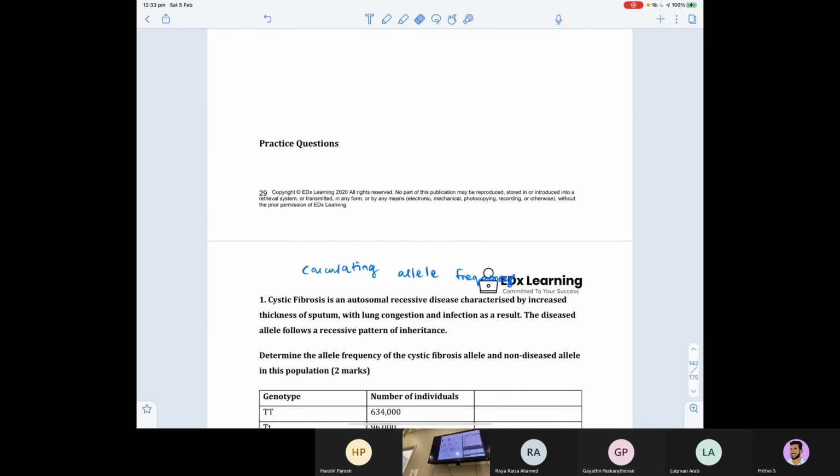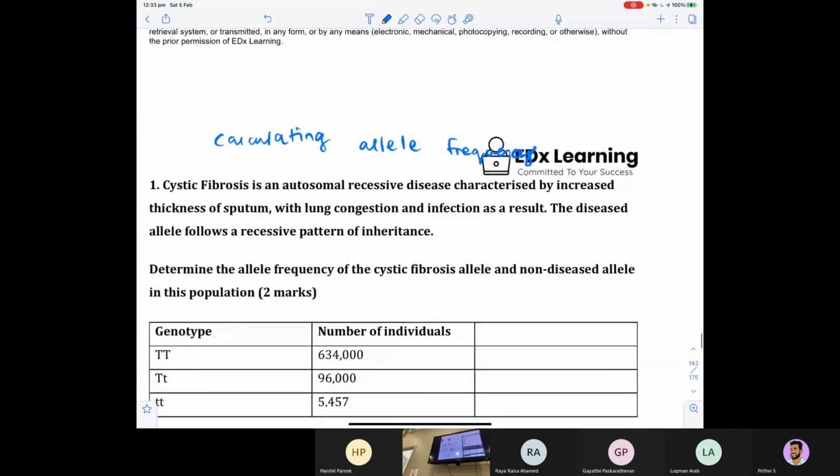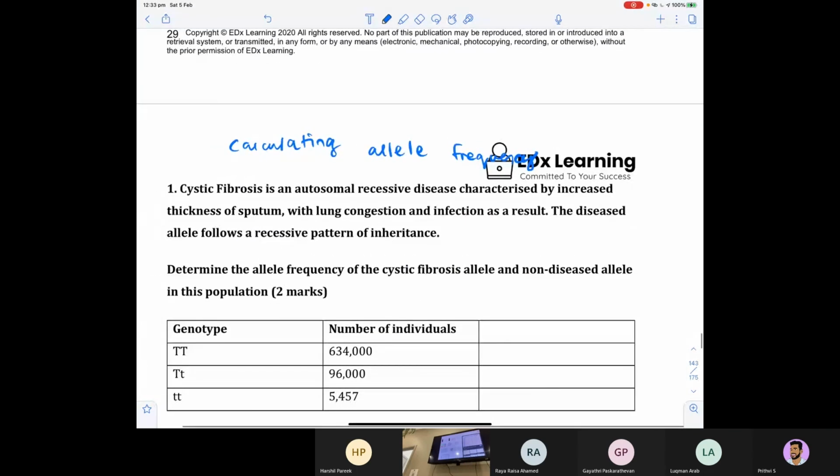So now that we've mentioned all of this, you're looking at questions like this. Have a read of this question. Cystic fibrosis, a genetic condition where a single letter change in the DNA code makes someone suffocate from the inside with mucus in their lungs. Now, this is the most common genetic condition on the planet.